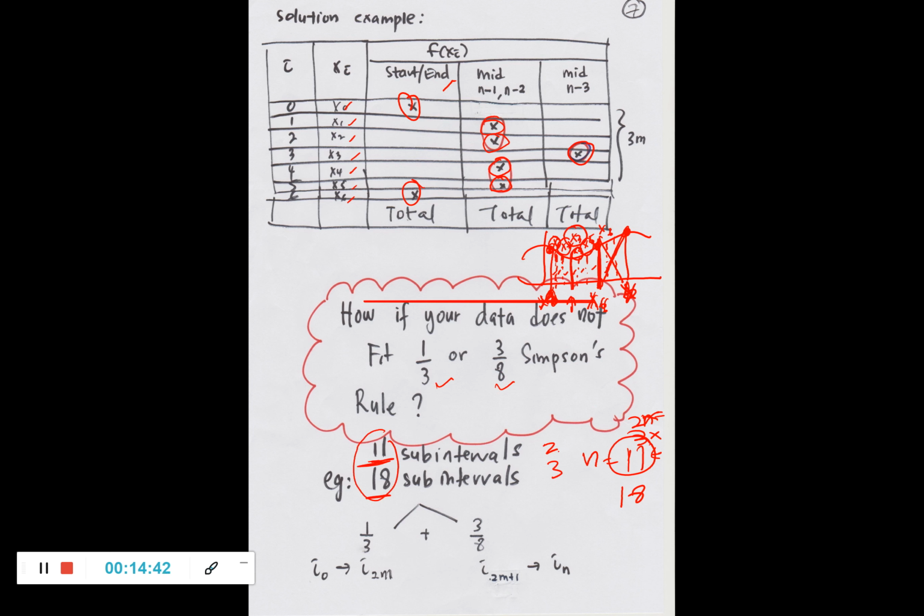Tak kisah sama ada you nak buat gandaan 3 dulu, lepas tu gandaan 2, ataupun gandaan 2 dulu kemudian follow by gandaan 3 pun tak ada masalah, as long as the numbers of data yang you divide itu sesuai menggunakan that respective either 1/3 ataupun 3/8 formula.